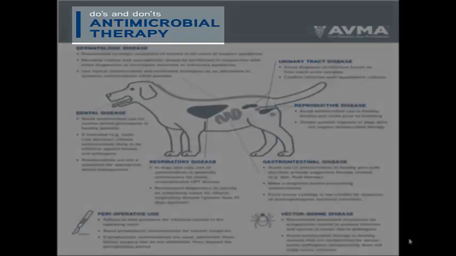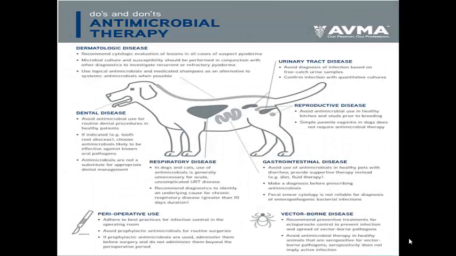And as you can see, they developed some do's and don'ts on antimicrobial prescribing. And for the case of urinary tract disease, they recommend to avoid diagnosing infection based on a free catch of urine samples and to always confirm an infection with quantitative cultures, as we will see later.